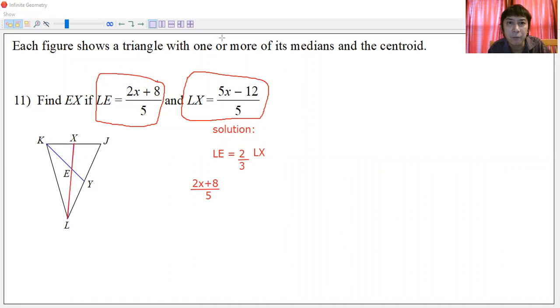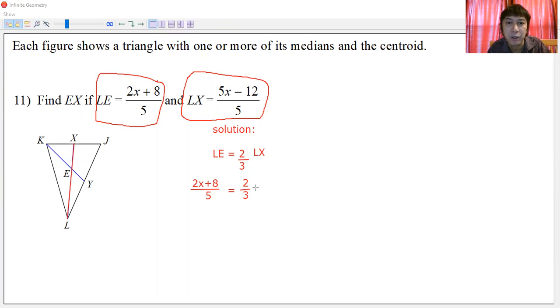Now this is supposed to be equal to 2/3, so we put the fraction first, 2/3 of LX.